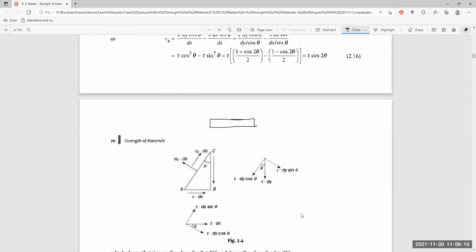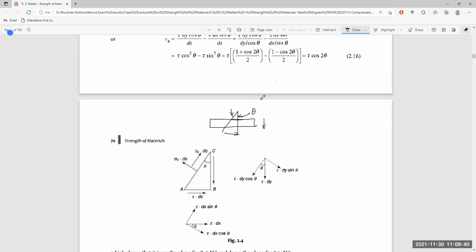We have an inclined plane acting at an angle theta with the normal plane, and it is subjected to shear stress tau on this line and tau on this line. So there is no tensile stress, only shear stresses are visible.